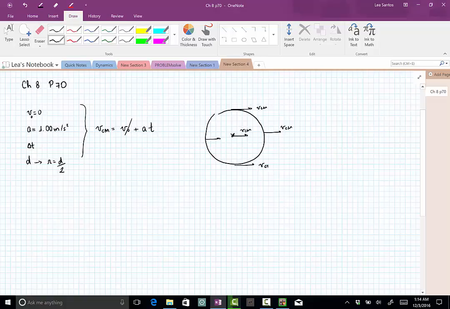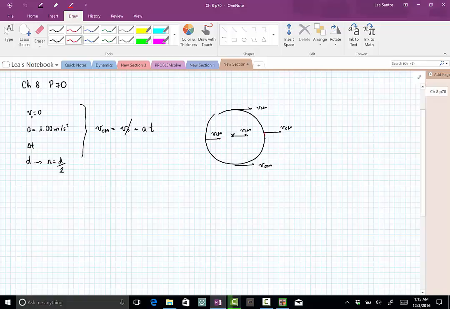Since the bicycle is moving together, all the points of this bicycle are moving together. But at the same time that the whole bicycle and all of the tires are moving, they are also rotating. This tire is also rotating. So each point in the rim of this tire also has a tangential velocity, which I'm going to put in red.